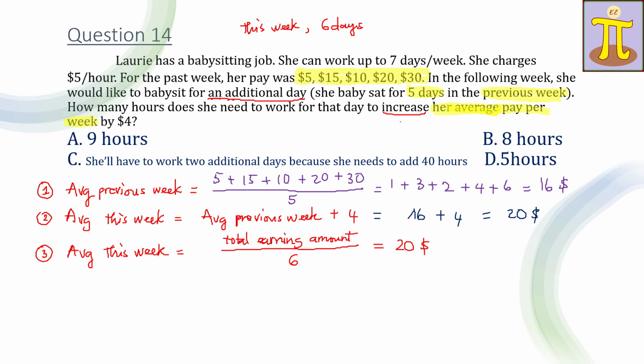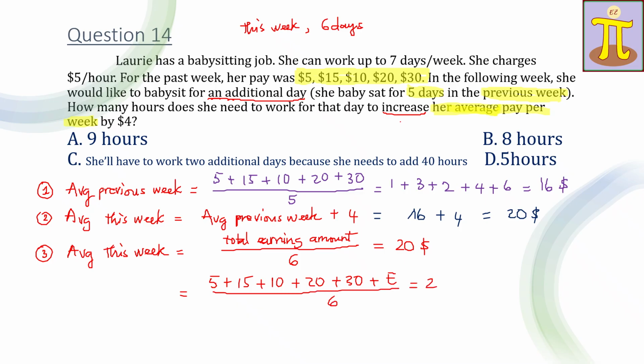And the total earning amount is 5 plus 15 plus 10 plus 20 plus 30. That is her normal schedule. Okay, that's how much she earned. Now we add the extra, let's call it E, the extra money, and then divide by 6.